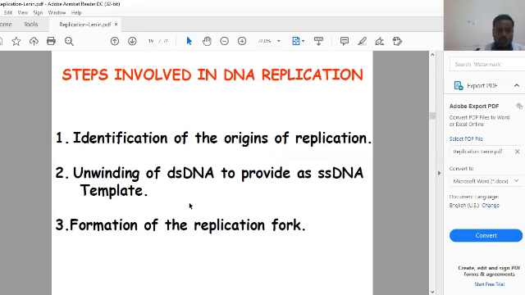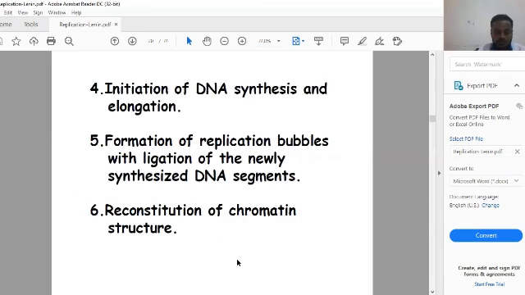Fourth, the initiation of DNA synthesis and elongation. Fifth, formation of the replication bubble with ligation of the newly synthesized DNA segments. And sixth is the reconstitution of the chromatin structure.